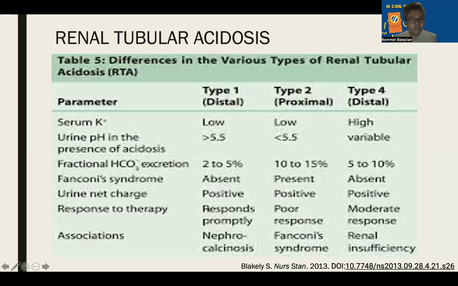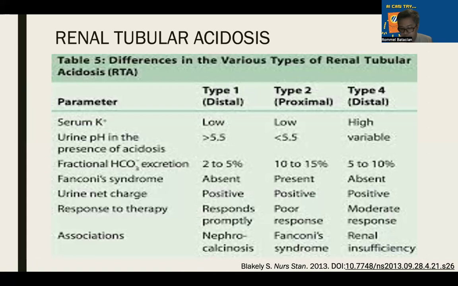It presents with a normal anion gap. But it has significant associated complications such as nephrolithiasis, so it could cause calcium phosphate stones, nephrocalcinosis, bone disease because of the poor acidification, and growth retardation in children.